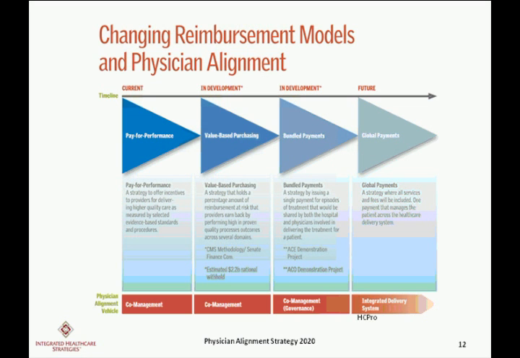Co-management is one, new governance models, completely new integrated delivery systems, and these enable and support the change that is underway with payment. Pay for performance is, of course, on all of our plates.